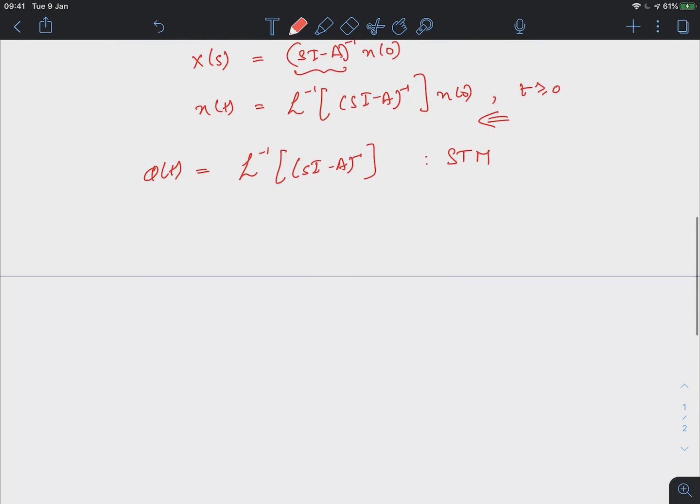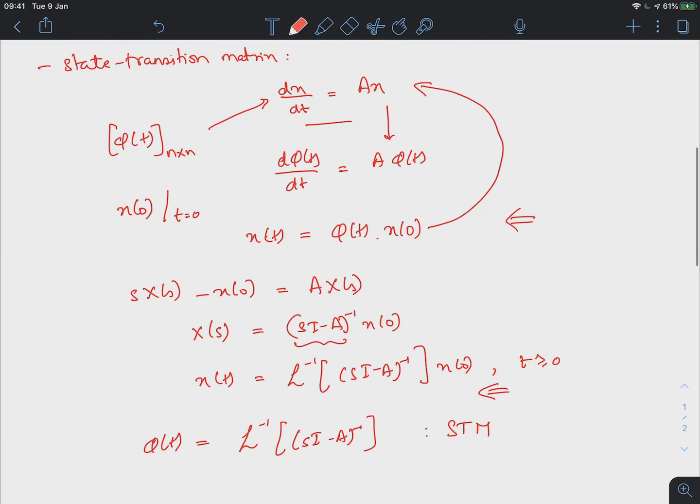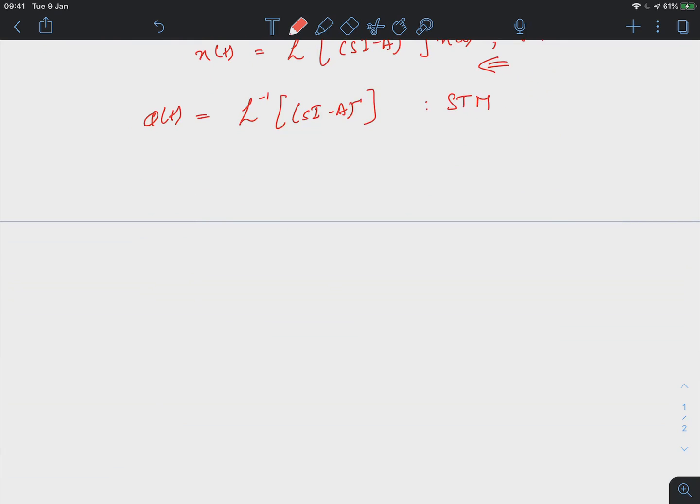Another way of computing this state transition matrix, without utilizing the Laplace transform, is: we begin with this equation once again, which is dx by dt is equal to Ax. Now this is a first order differential equation, and you know at the outset that the solution of a first order differential equation is given by x of t is equal to e to the power At x naught.